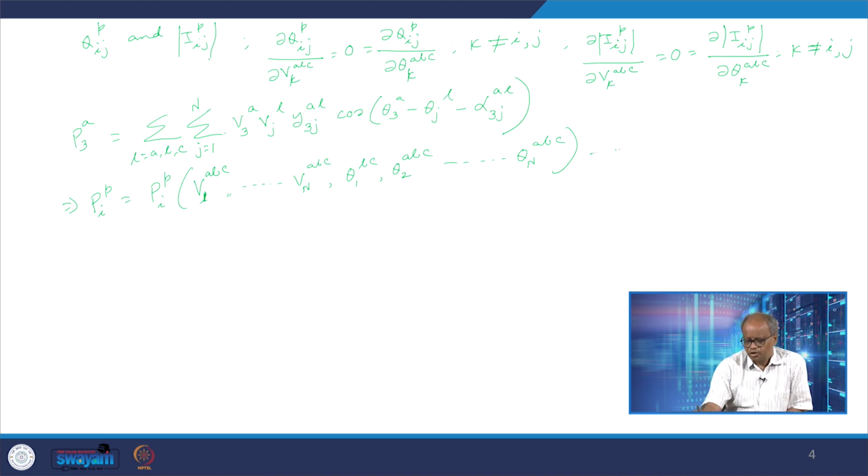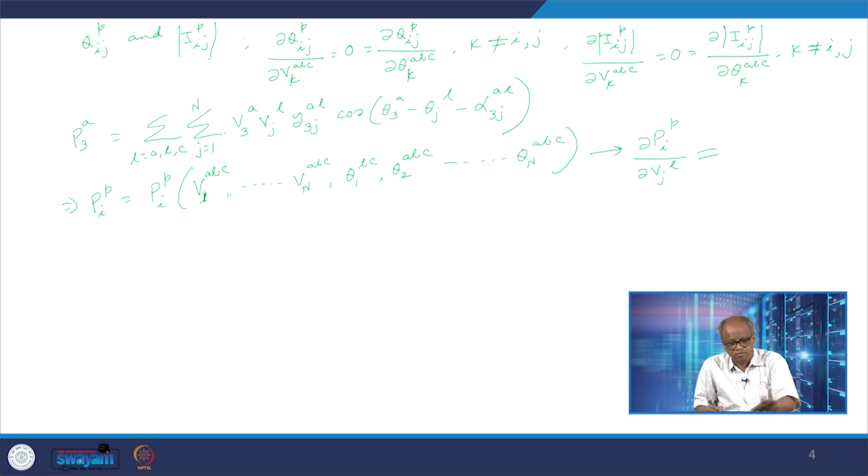So then, therefore, any quantity del PIP by del VJL would be 0 or non-zero depending upon the value of Yijpl.